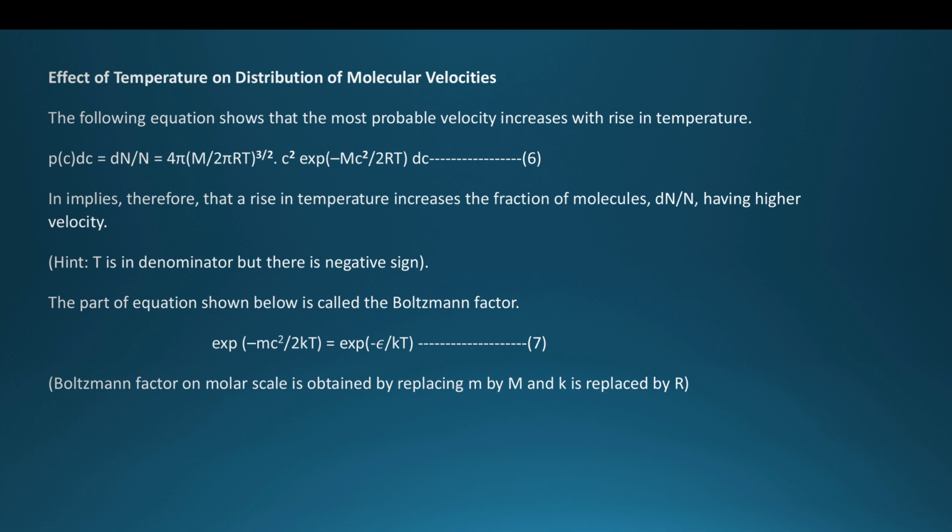This part of the equation shows that at higher temperature, the most probable velocity increases and the whole graph is shifted towards the right hand side. One more thing, the exponential part of equations 5 and 6 is called the Boltzmann factor. On a molar scale, this factor is very useful in spectroscopic discussions and also in chemical kinetics.